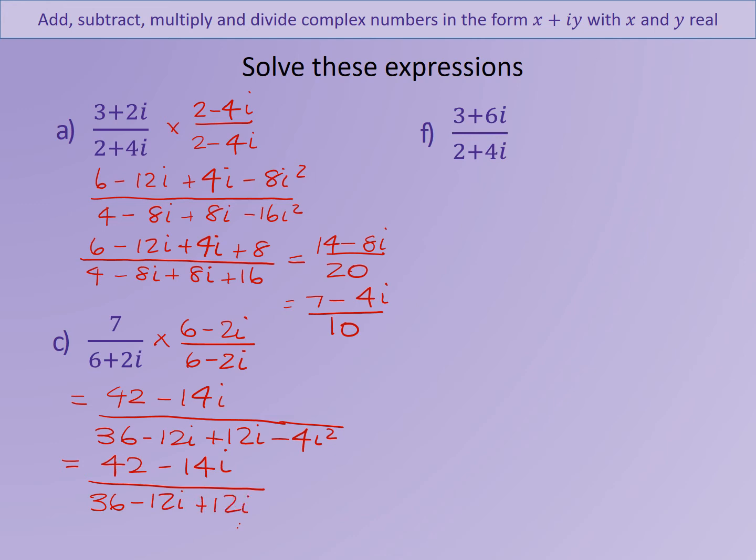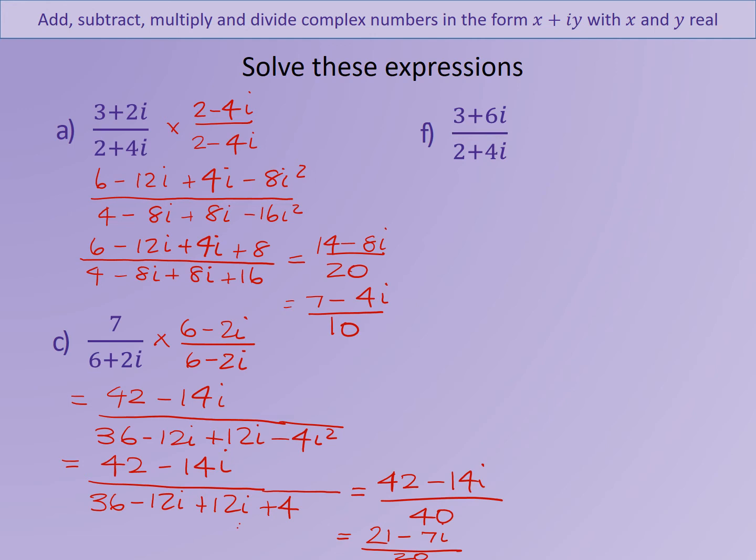Of course, we could simplify these here, but I'm just going to leave it in full just for now. Plus 4 down at the bottom. This simplifies to 42 minus 14i all over 40, which reduces to 21 minus 7i over 20.